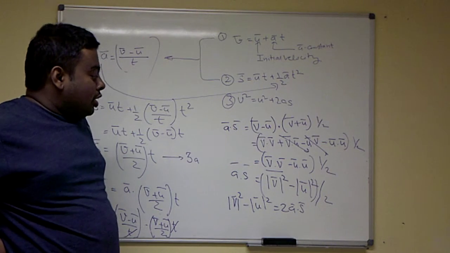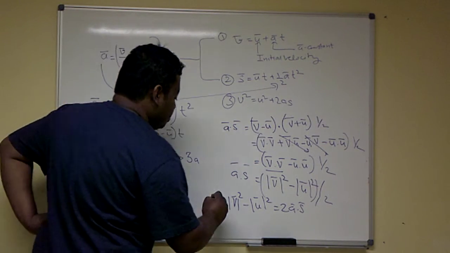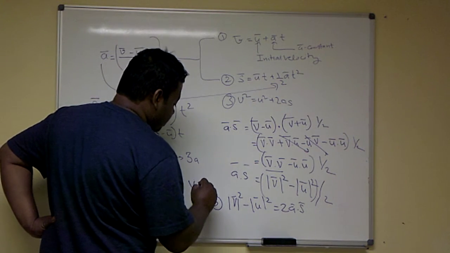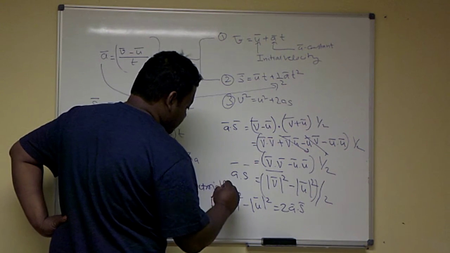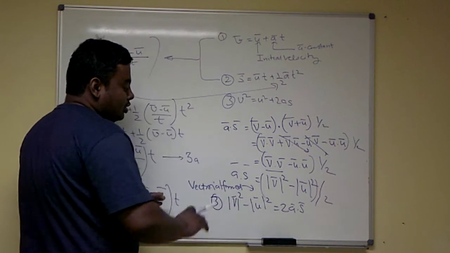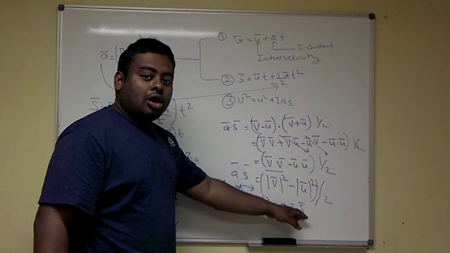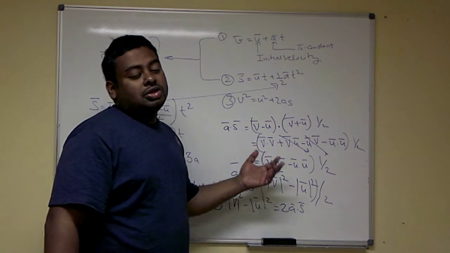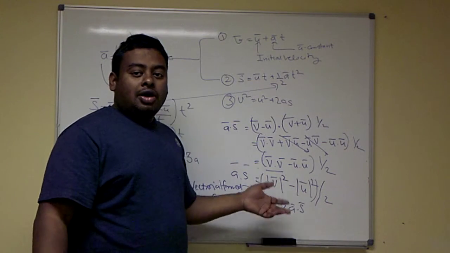Okay, so this is what I wanted to impress upon you, and this is my third equation of motion in vectorial format. Although it's in vectors, you can see that there are dot products involved and the magnitude of velocities is squared. So this is no longer a vector equation.